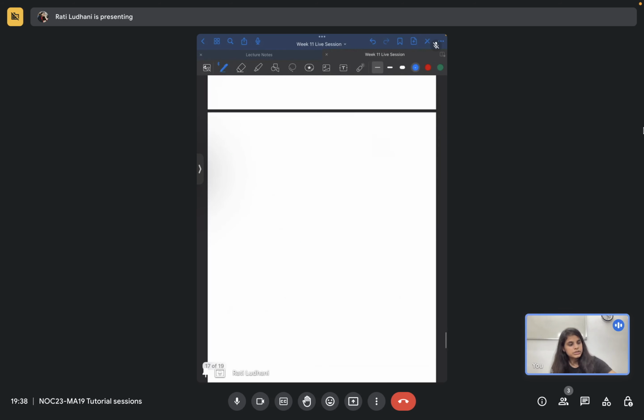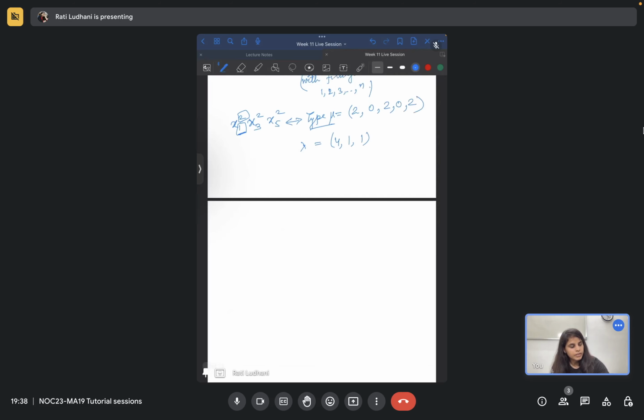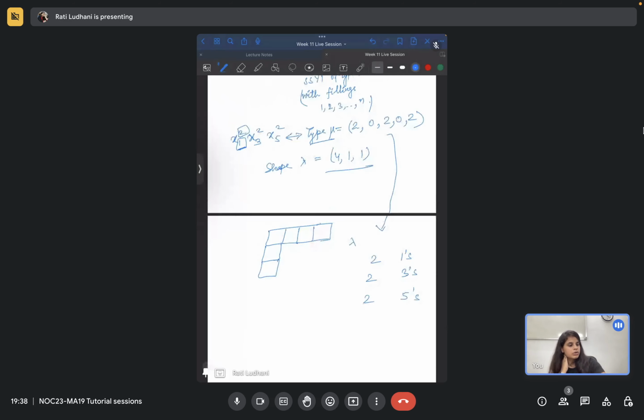So you consider the tableau. 411 is your shape. Shape means you consider 4 blocks, then just one block, and then next just one block. This is lambda. Now you need to insert these two 1s, two 3s, and two 5s. Let's see how we can do that.